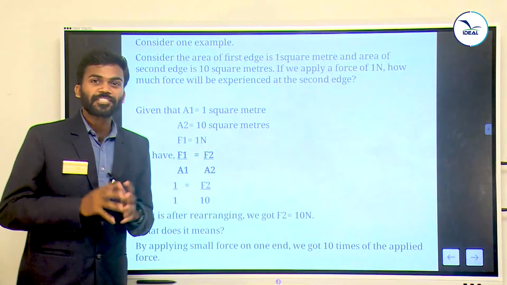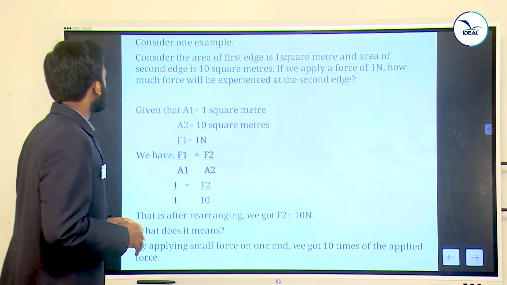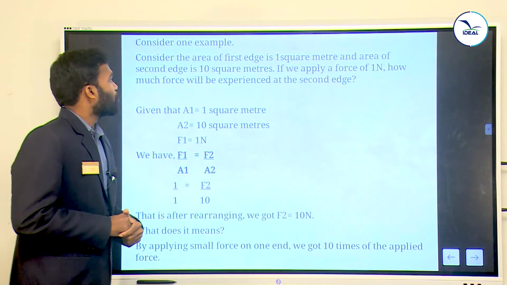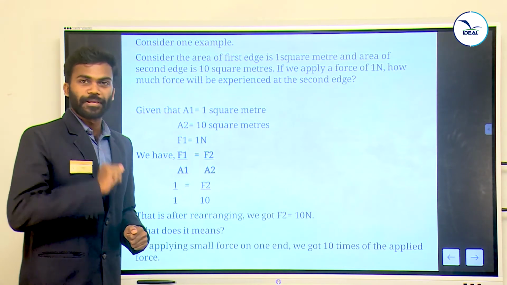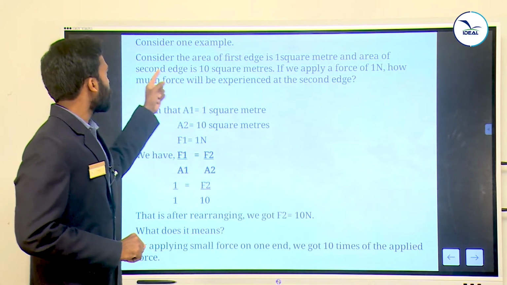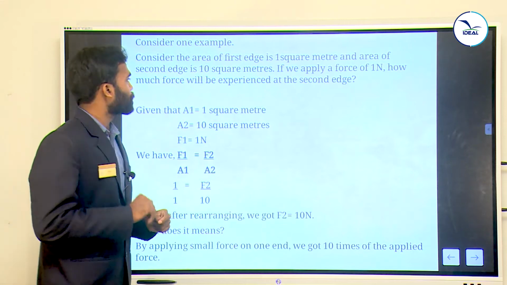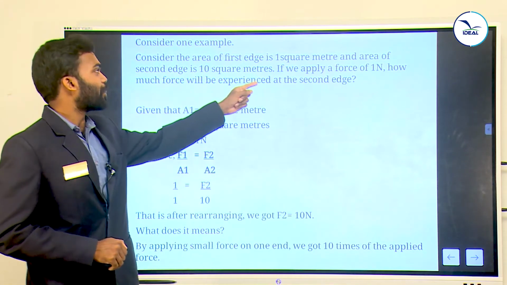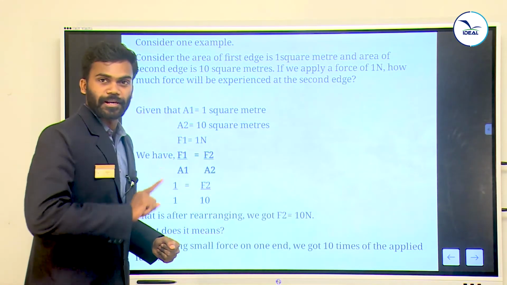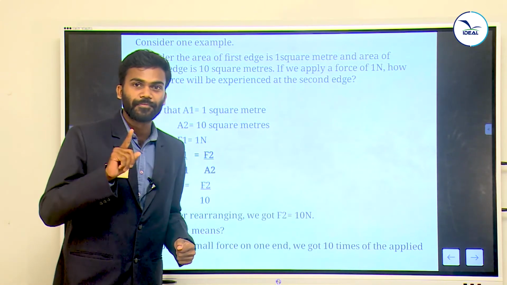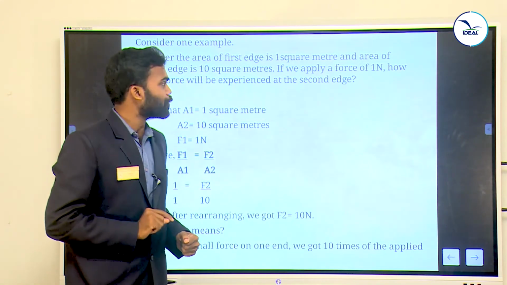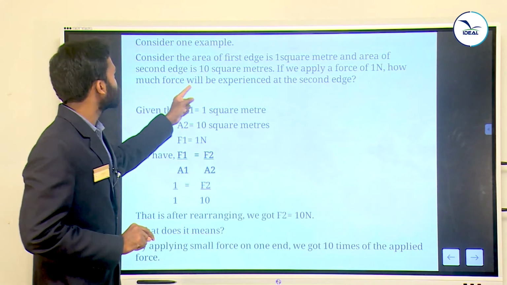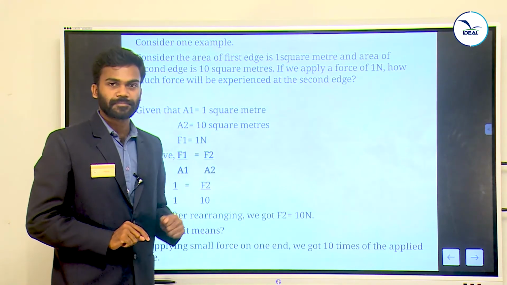Consider an example. Consider the area of first end is 1 square meter and the area of second end is 10 square meters. If we apply a force of 1 Newton, how much force will be experienced at the second end?